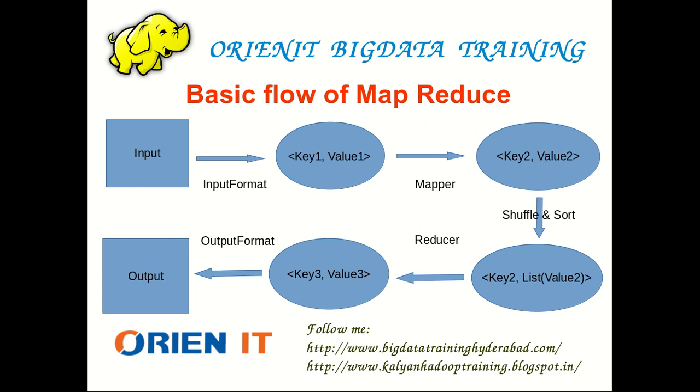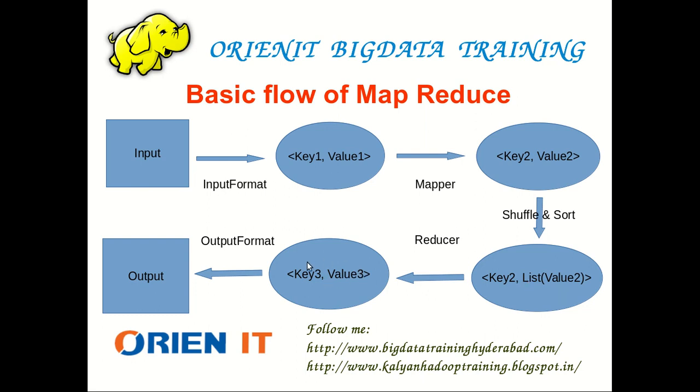All these K2 V2s are going to be shuffled and sorted. First the sorting happens, then duplicate keys are grouped, so the corresponding values come as a list of values. This is sent to another concept called the reducer. The reducer has a function called the reduce function, which converts your data K2, list of V2 into K3 V3.